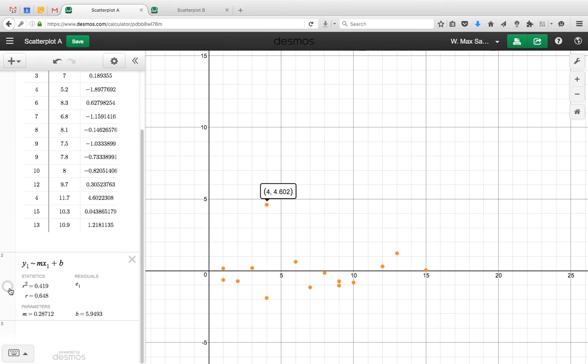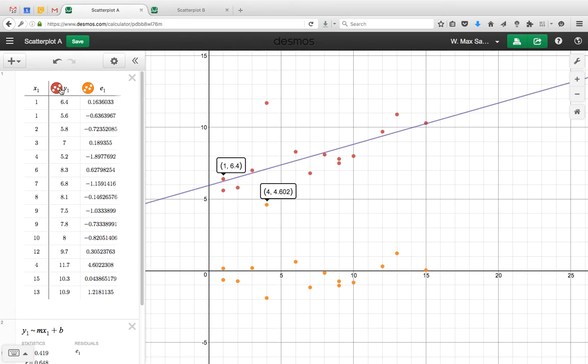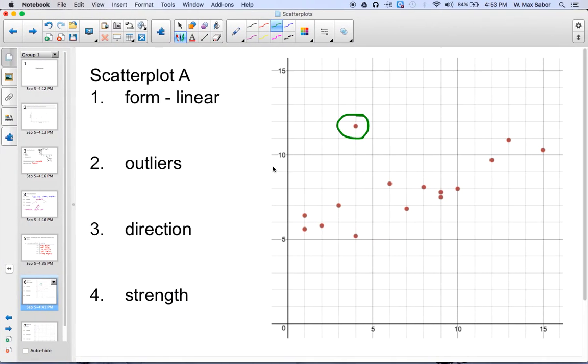There are statistical methods to determine exactly what that is, but that's not being done by hand. So that's how we can show that 4, 11.7 was in fact an outlier. It's just a point far away from the line of best fit. So that would be my outlier.